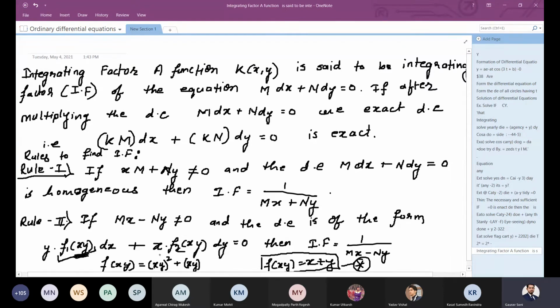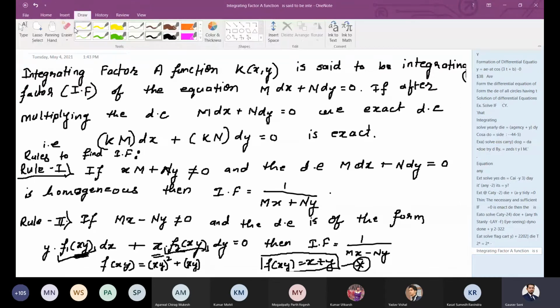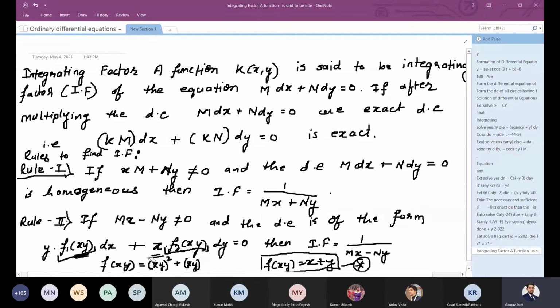In the second one, I can take x outside and totally I will get a function of xy. For this type of differential equation, the integrating factor will be equal to 1 upon Mx minus Ny. So I hope the rule is clear to you now.